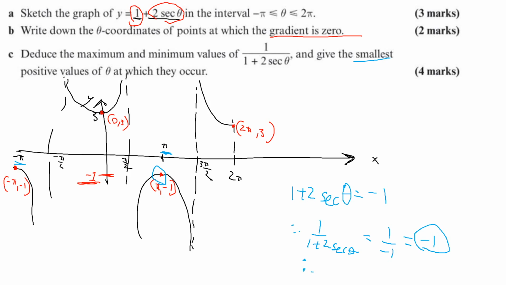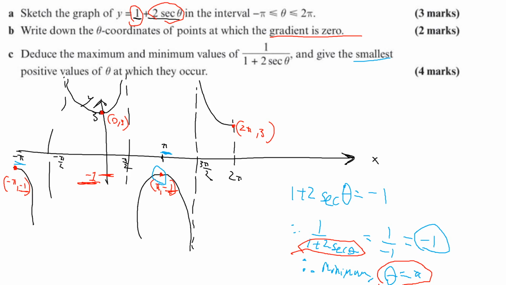And so therefore for this one, for the minimum, theta is equal to pi. So all we're doing is we're literally just using the graph minus 1 to plug it into this, and then we can derive that theta is equal to pi by looking at the graph.